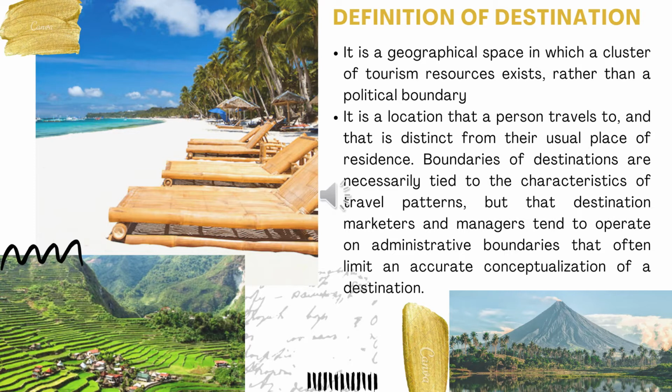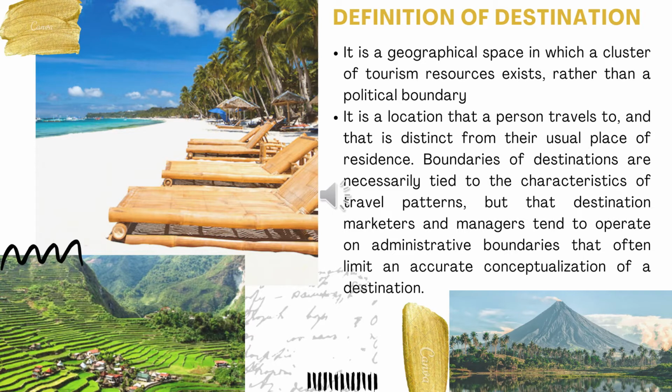So in the first meaning, you can notice the word geographical. So all destinations are obviously in a certain geographical space because it's an area. A destination is like an area, a place. It is a space. It is a location that person travels to and that is distinct.